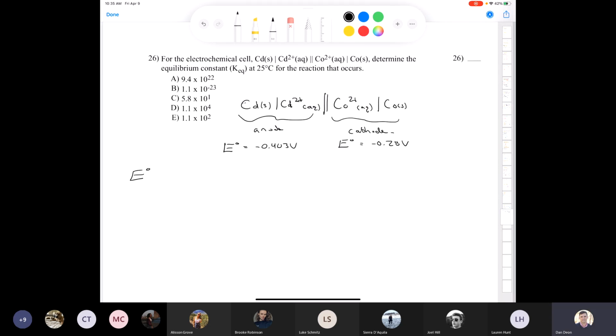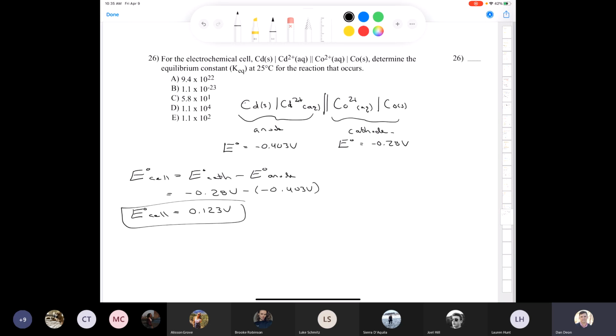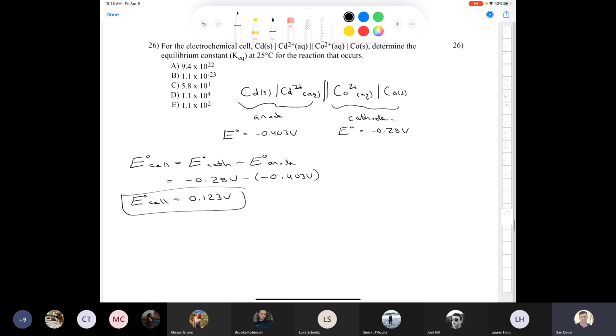My standard cell potential, which is the E naught of the cathode, subtract the E naught of the anode, is going to be equal to negative 0.28 volts, subtract negative 0.403 volts. I get my E naught cell being equal to 0.123 volts. I'm asked to calculate the K equilibrium.